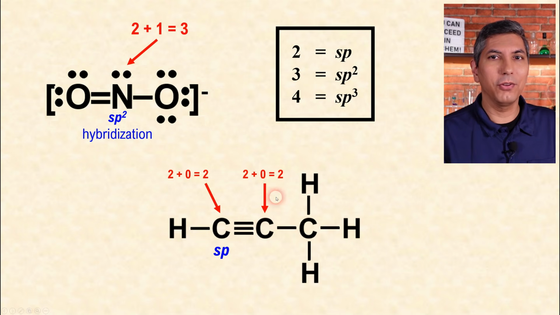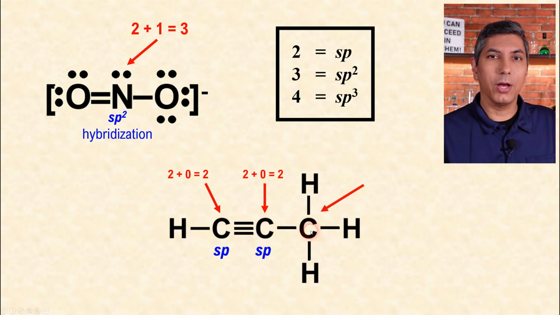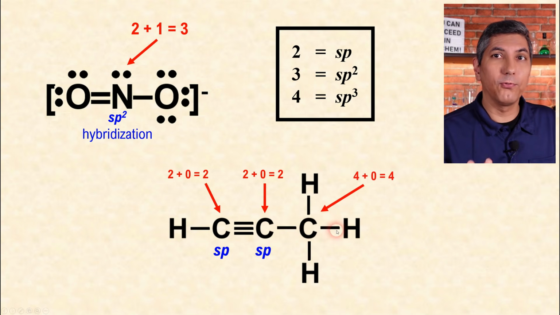That's 2 electron domains, sp hybridization. Carbon number 3 touches 4 other atoms with 0 lone pairs. That's a total of 4 electron domains and a hybridization of sp3. And that's it. Those are the 10 most important things you've got to know from Unit 2.